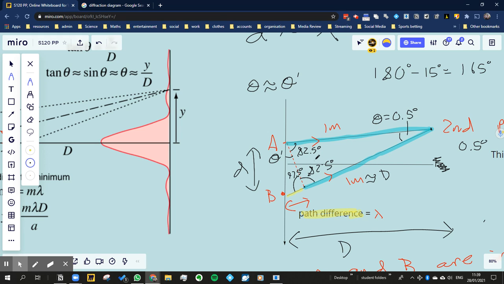Then these ones aren't 82.5 degrees or 97.5 degrees anymore, but they're much closer to around 90 degrees, all of them.